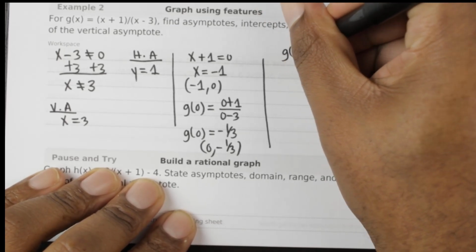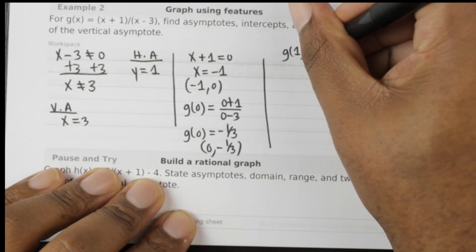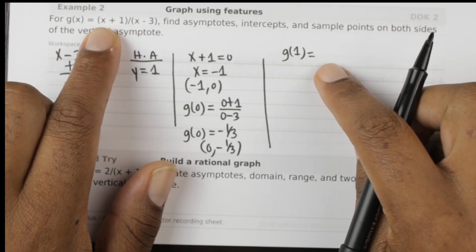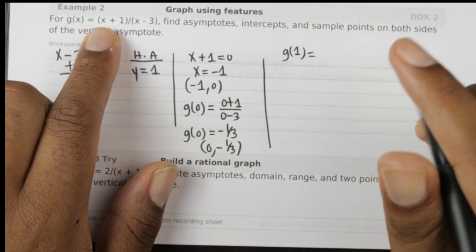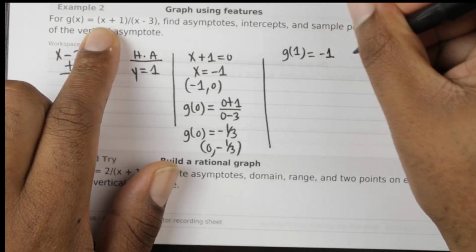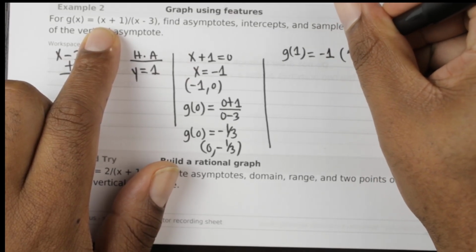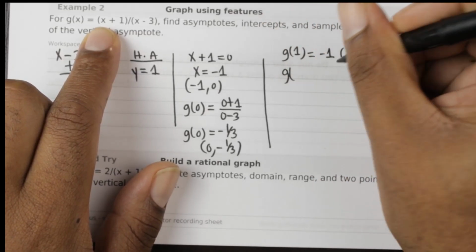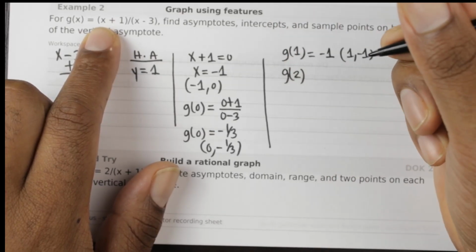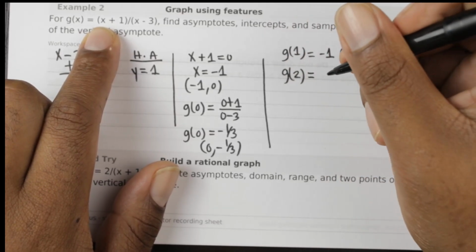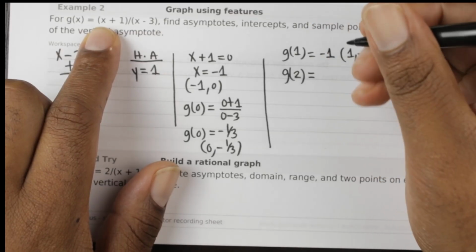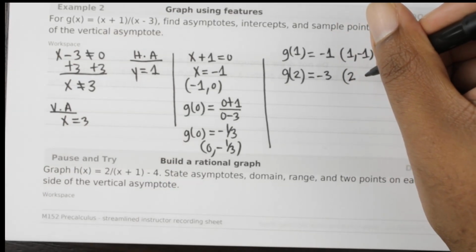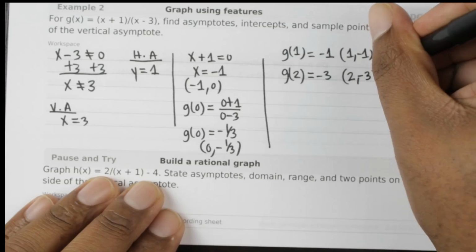Let's choose g of 1. Substitute 1 into the equation here. That would give us 2 divided by -2, which gives us -1. So that point would be 1, -1. Then if we used 2, it would be 2 plus 1, which is 3. 3 over -1 would be -3. So that would be 2, -3.